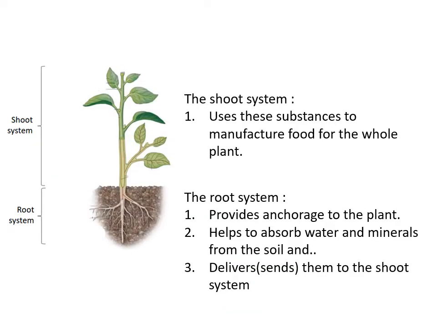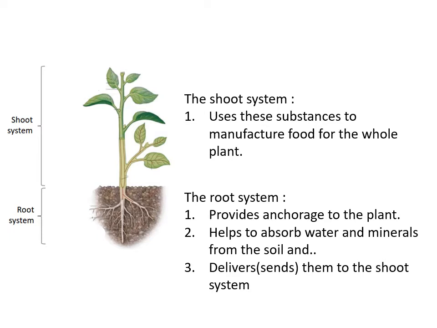The root system provides anchorage to the plant or holds the plant firmly. It helps to absorb water and minerals from the soil and delivers or sends them to the shoot system. And the shoot system uses these substances to manufacture food for the whole plant.